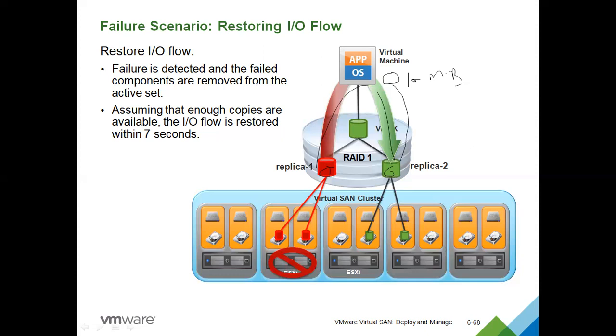So that is not something physical. A component is a logical object. Your object is further segregated into components and stored on different ESXi hosts. So that is something on top of your ESXi physical disks. Correct, it's just another definition of your data, which you are going to store on top of physical disks on the ESXi host, right?